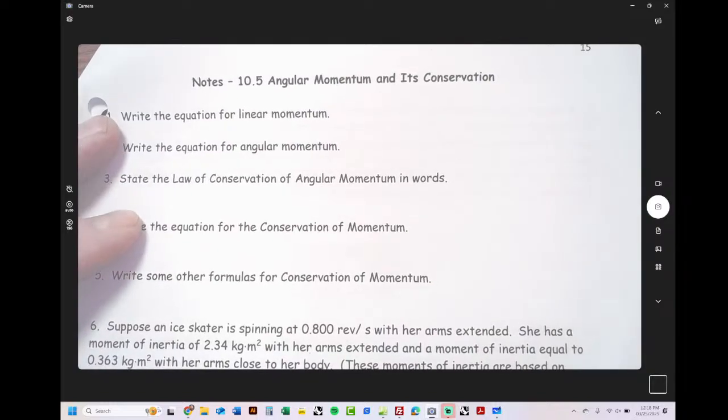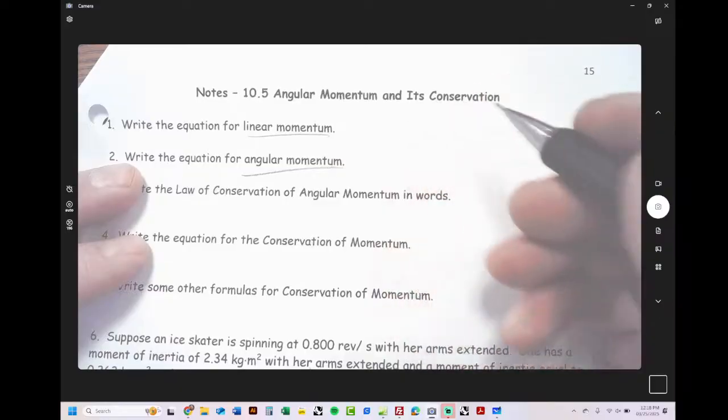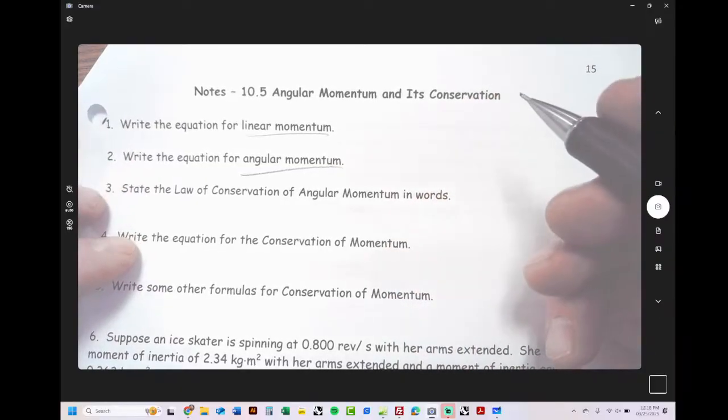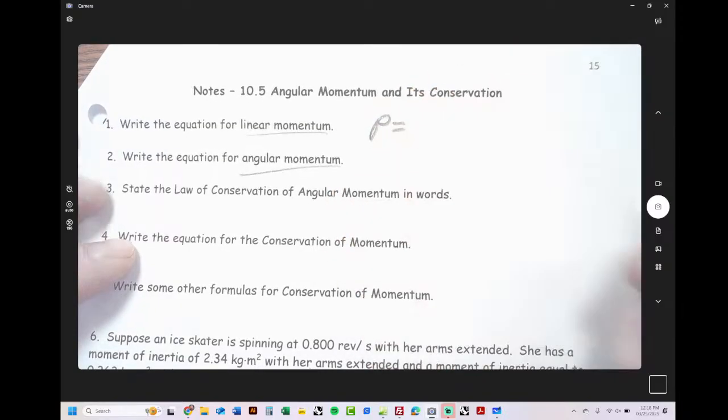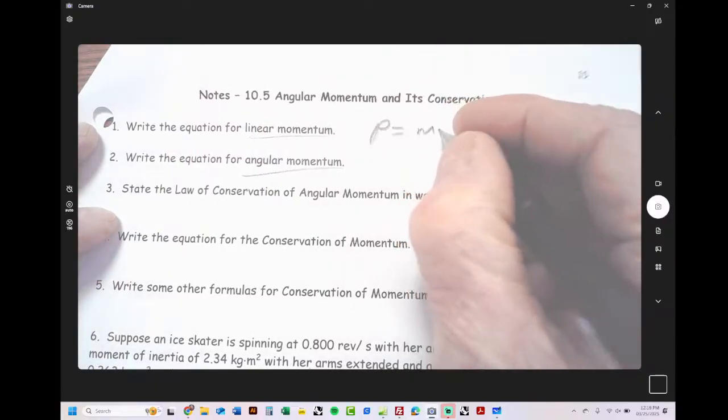So now momentum. We've got linear momentum and angular momentum. Linear momentum, the symbol is what? We just did this unit. P. And the way you calculate P is m times v.